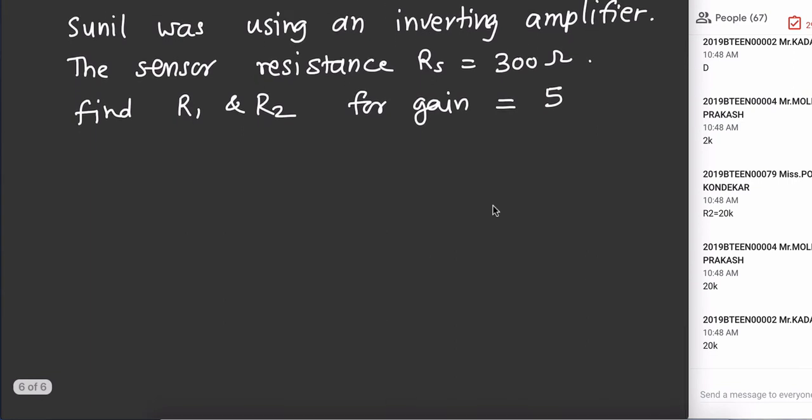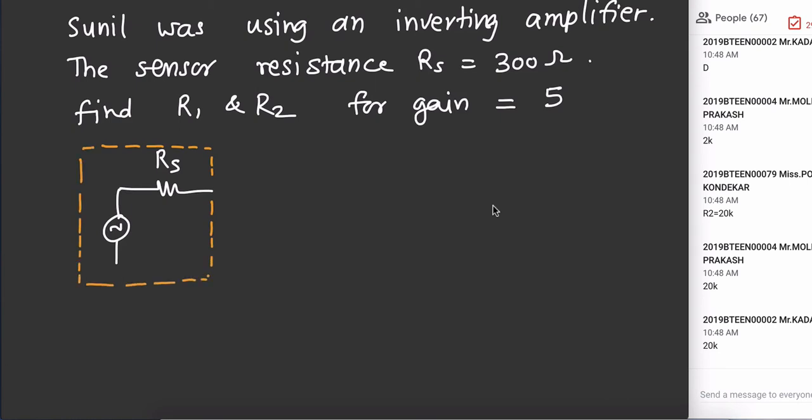What is given is a sensor. Let us say the sensor is this source of signal. Rs is given. It means the sensor's own resistance is given. This total is our sensor. Right, and then we have an amplifier circuit.